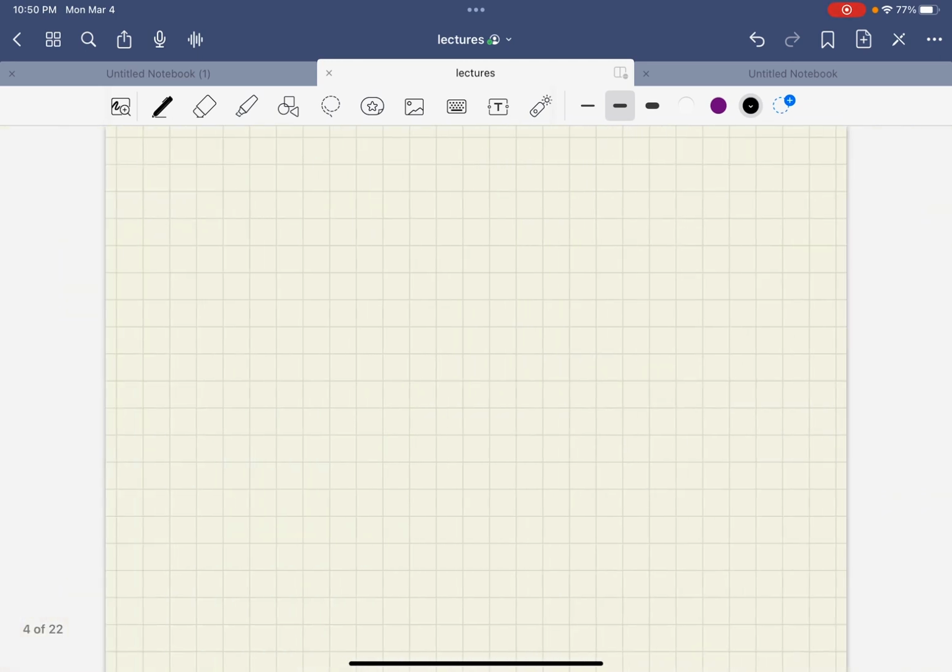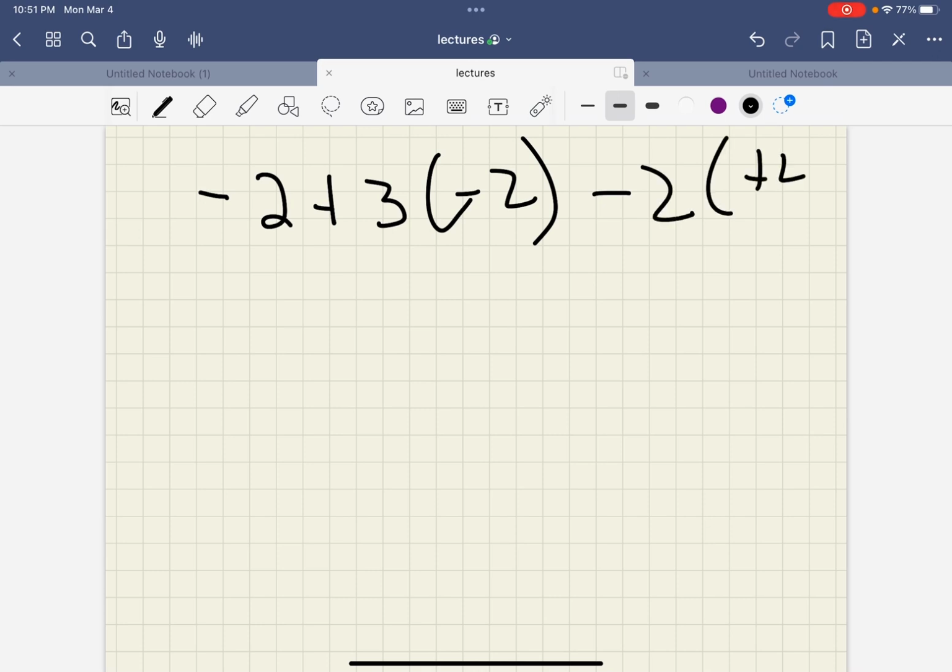Okay, now let's look over on page 623. It says simplify. Looks similar to what we just did, but this one just has numbers. Plus 3 times negative 2, and then minus 2 times positive 4.